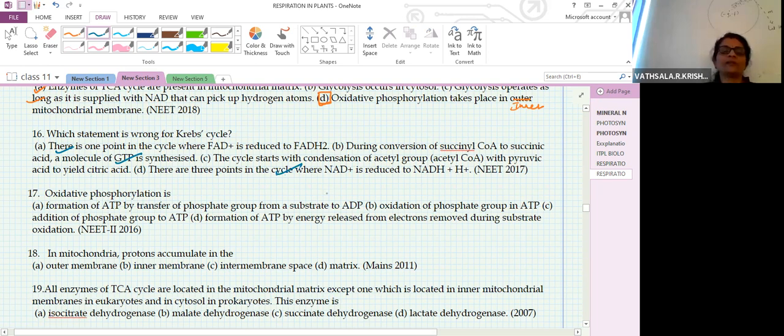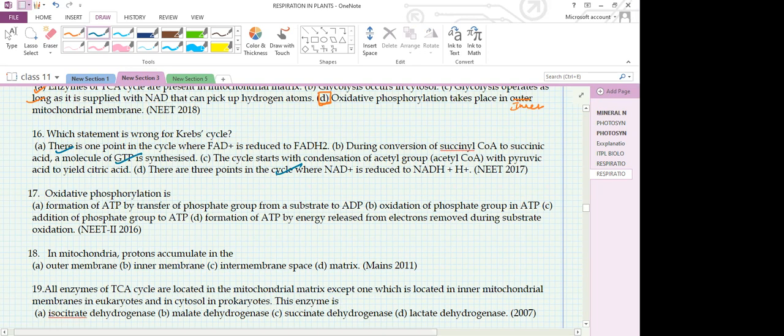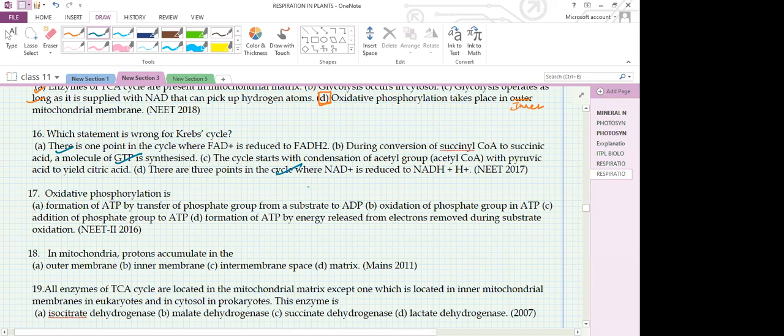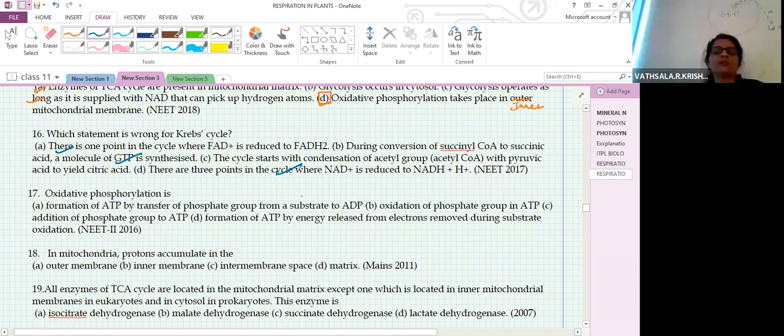Please learn. So what's the right answer for C then? Ma'am, it's condensation of acetyl group with pyruvic acid along with water. No. The cycle starts with condensation of acetyl CoA with pyruvic acid, or with what? Is it with pyruvic acid?